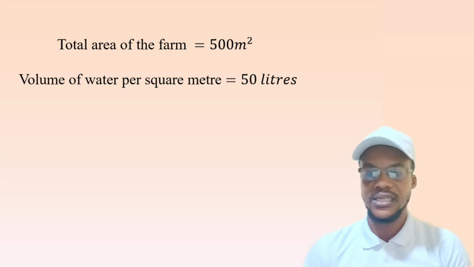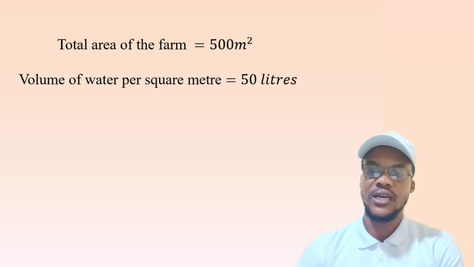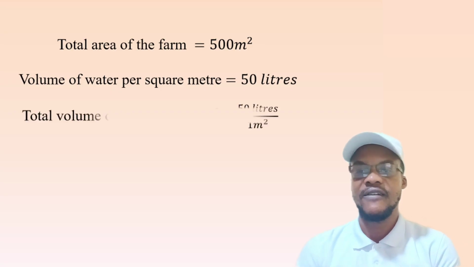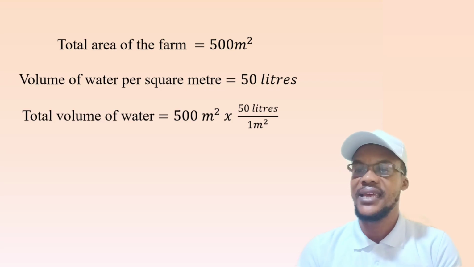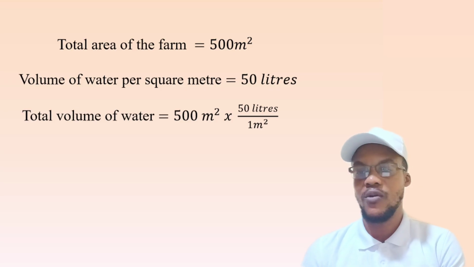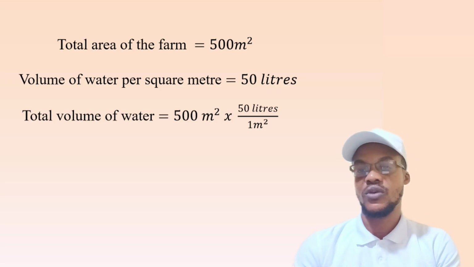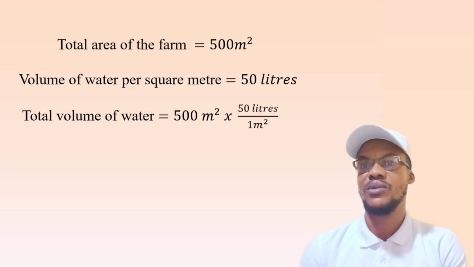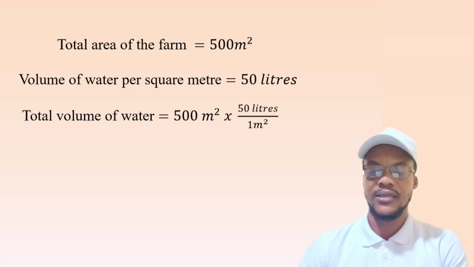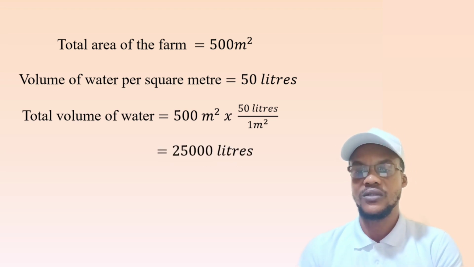Do you get it? So this is just basic. We just multiply the 500 meter square by the 50 liters, because we need to leave our answer in liters. Then we divide by 1 meter square, so that the meter square can cancel out, and our answer will be left in liters. Then we are going to get 25,000 liters.